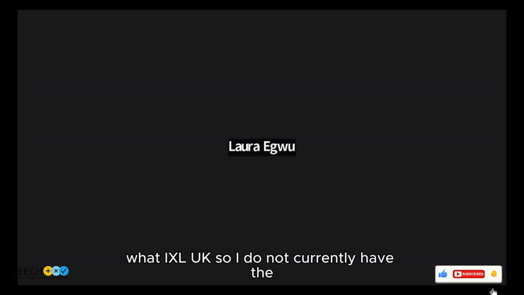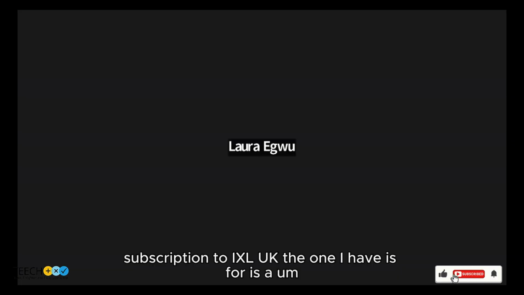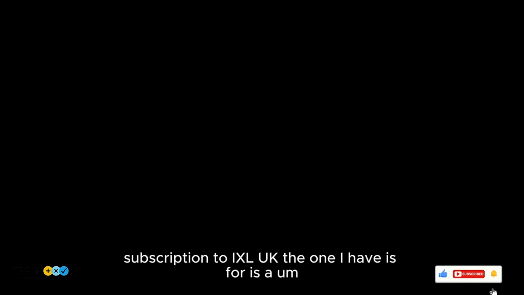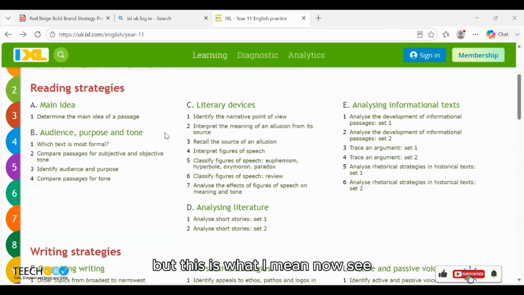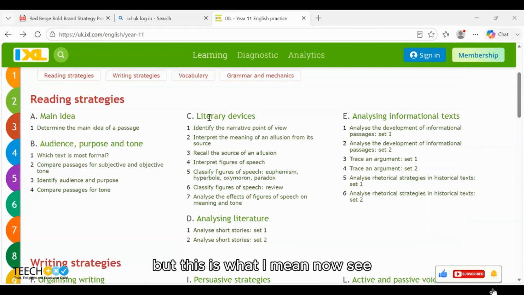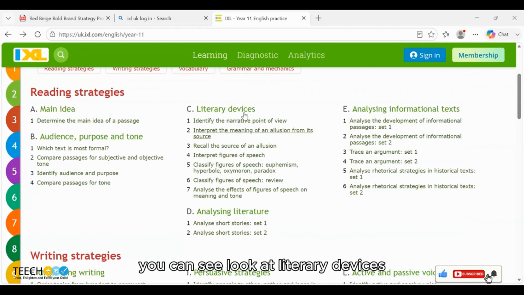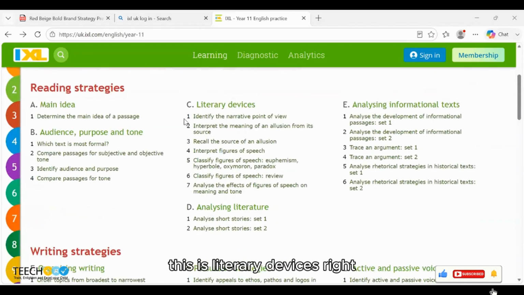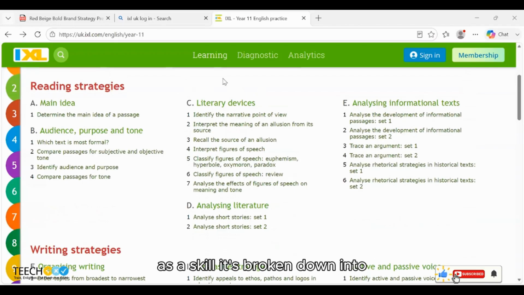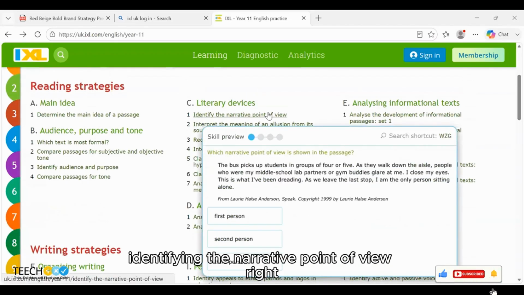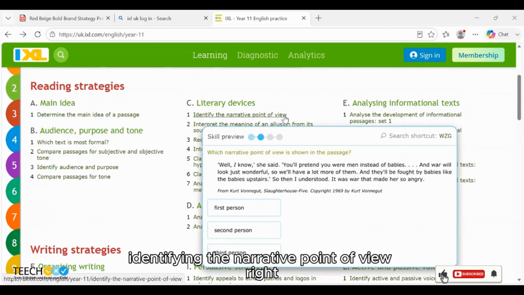But IXL UK. So I do not currently have the subscription to IXL UK. The one I have is for IXL US, right? But this is what I mean. Now, you can look at literary devices. This is for year 11 English. This is literary devices as a skill. It's broken down into identifying the narrative point of view, right?